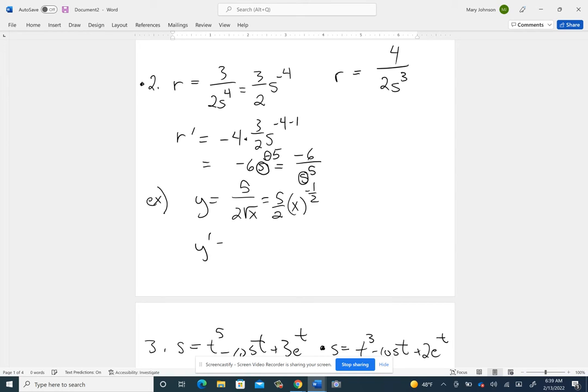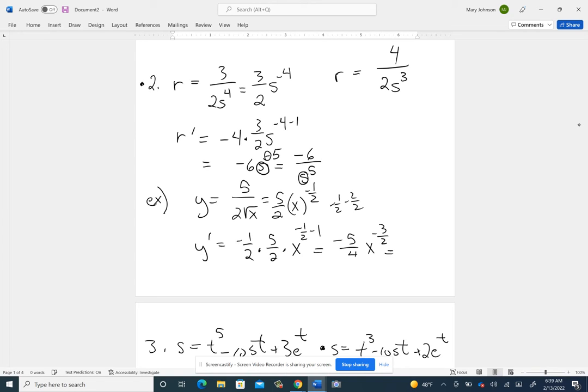Then when I do the derivative, I can use the power rule and do negative 1/2 times the 5 halves times x, and then take 1 away from the exponent. So that would become negative 5/4 x to the negative 3 halves, because that's negative 1/2 minus 2 over 2. So that's negative 3 halves.